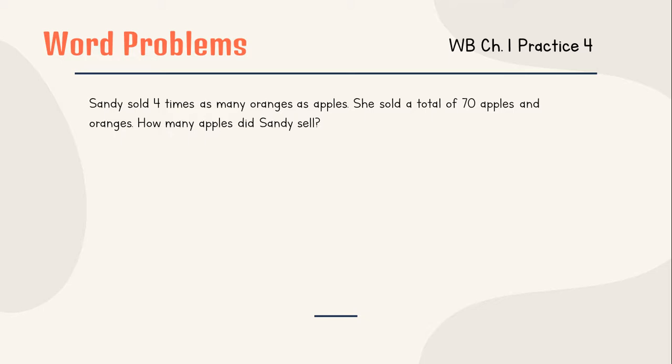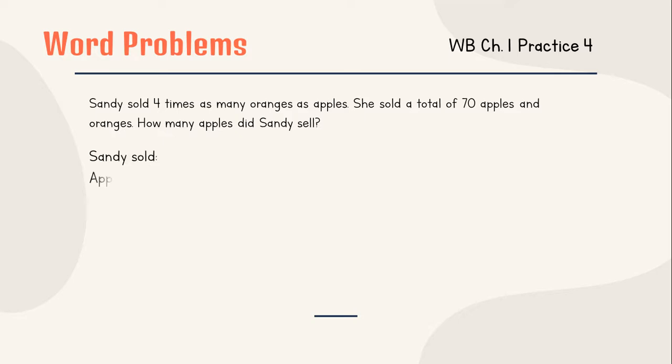Sandy sold 4 times as many oranges as apples. She sold a total of 70 apples and oranges. How many apples did Sandy sell? So Sandy sold 4 times as many oranges as apples. What is the algebraic expression for this?